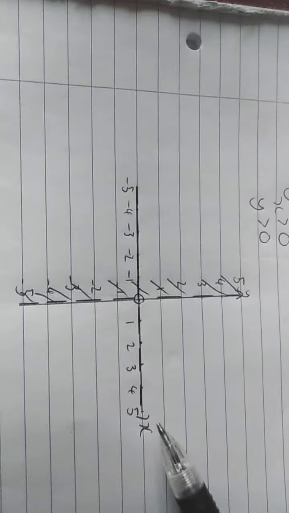X greater than 0 means 1, 2, all these points on this side here. Same for y greater than 0, it's not going to be anything below the x-axis, because anything below the x-axis is where y is less than 0, so that's not going to work.